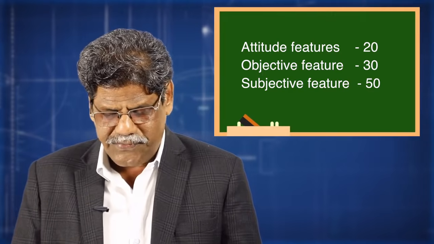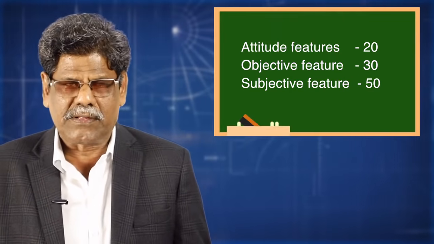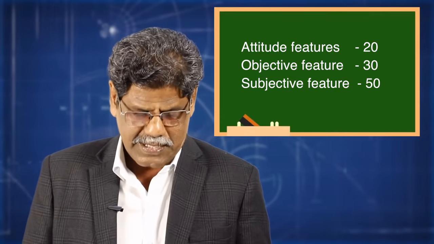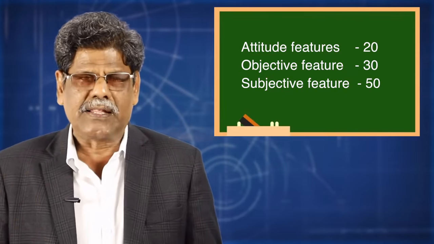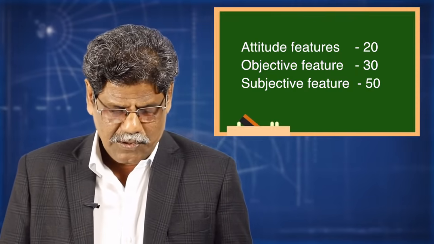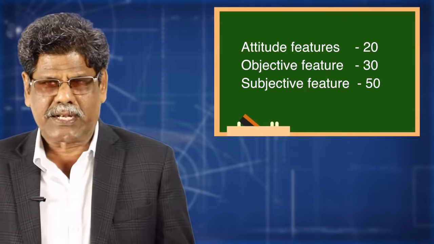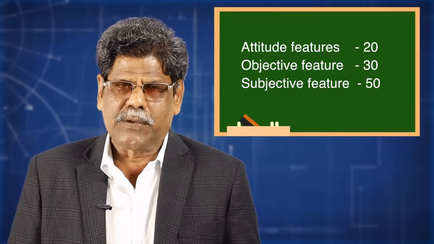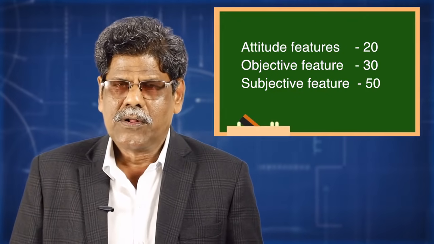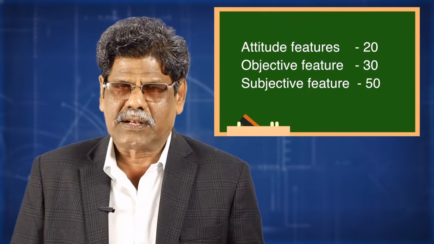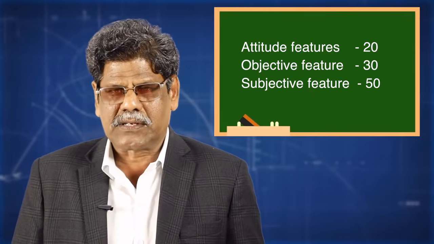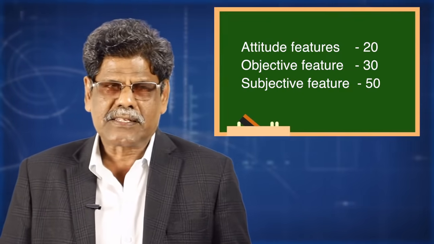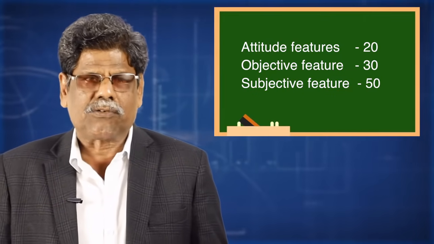Then objective features, for these objective features 30 marks is allotted. Under these objective features, tools and material requirement, drawing of the job and the procedure to be followed, for this we have allotted 30 marks. Last criteria is subjective features, that is the quality of product.